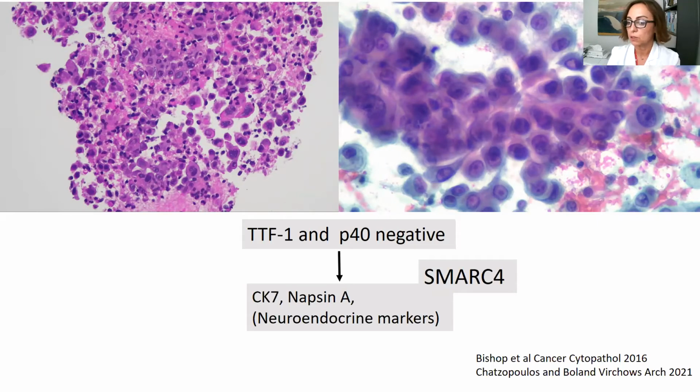So this is important because it seems that adenocarcinomas that lost SMARCA4 are a different subset of adenocarcinoma with different therapeutic and different implications.